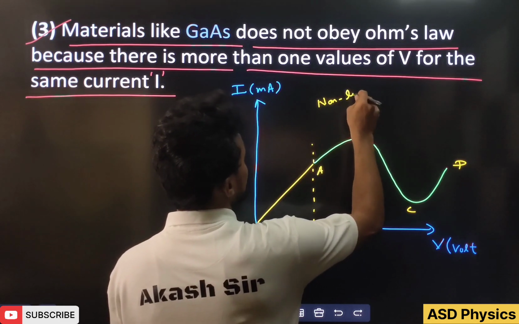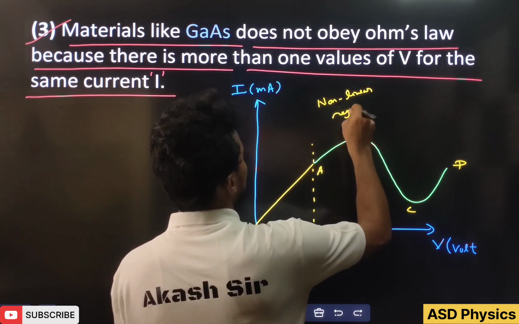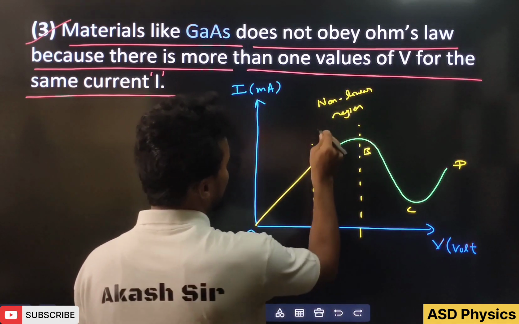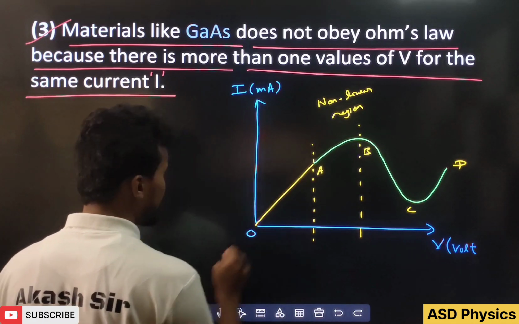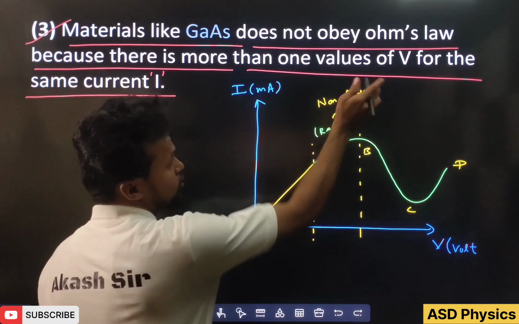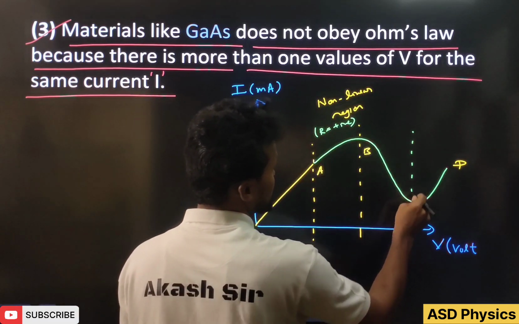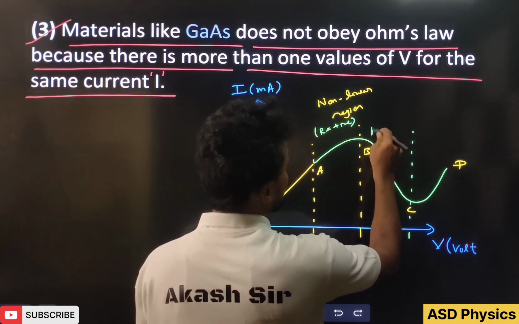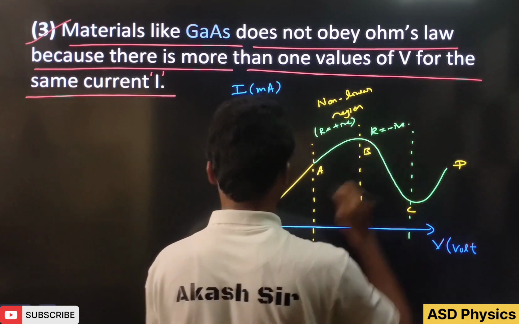A to B is called which region, students? Non-linear region. And very important, this A to B resistance is positive, slope positive. But in B to C the resistance will be negative.